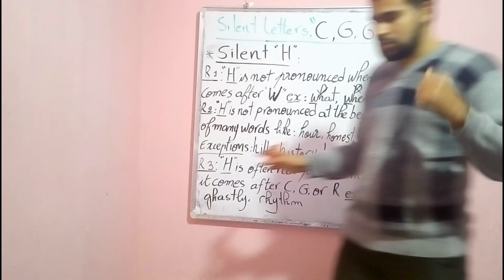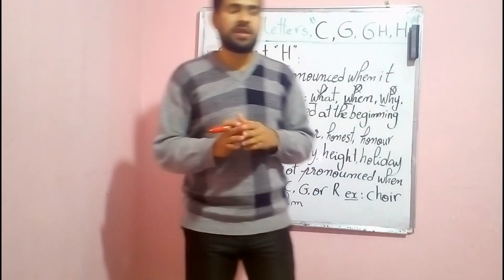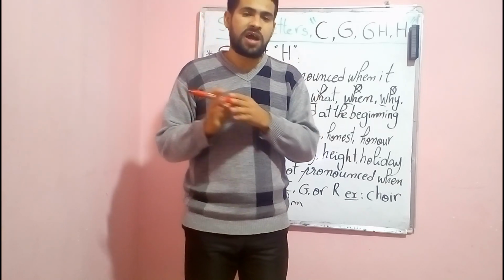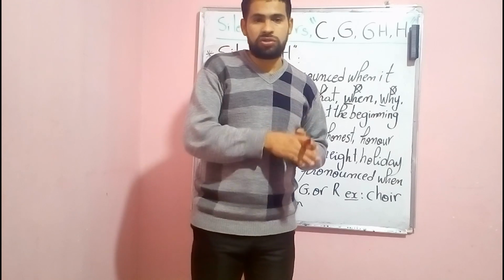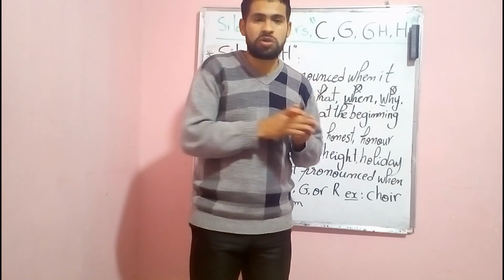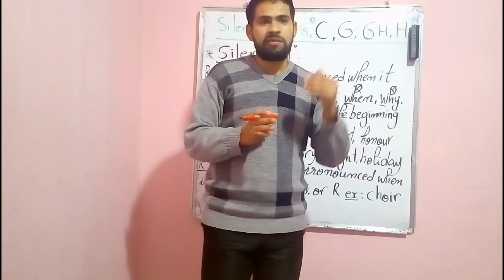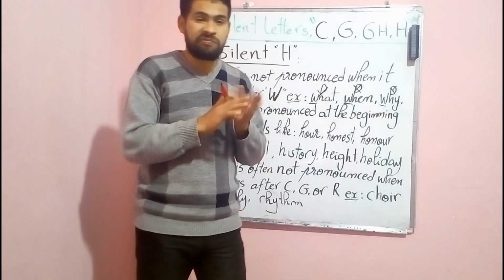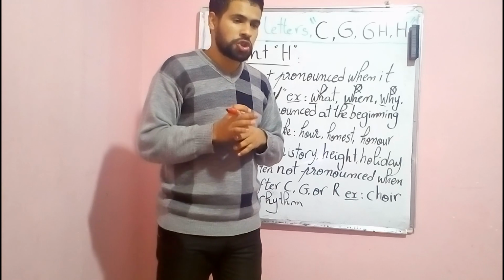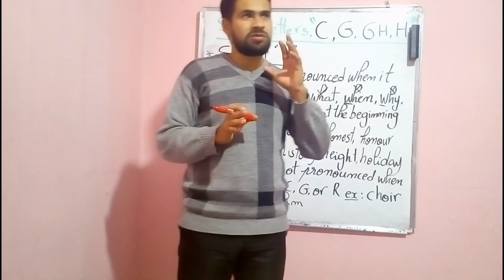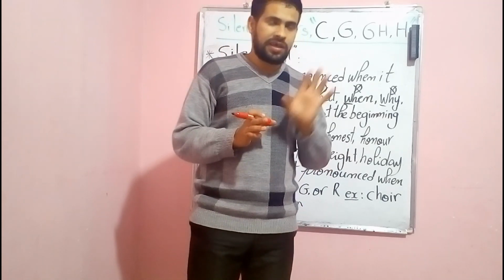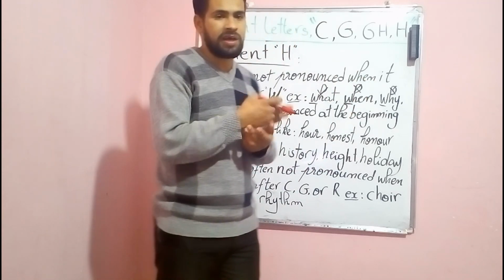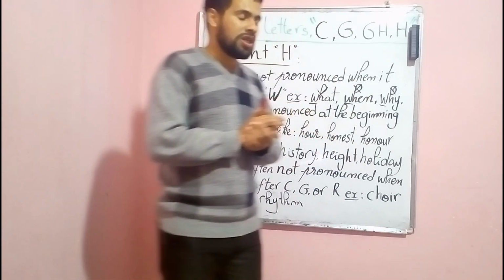You can see that these words have French origin. They are not English words. I mean, the origin of these words is not English. They come from the French language. And in the French language, the H sound, usually at the beginning, is not pronounced. So we apply this rule in the English language.